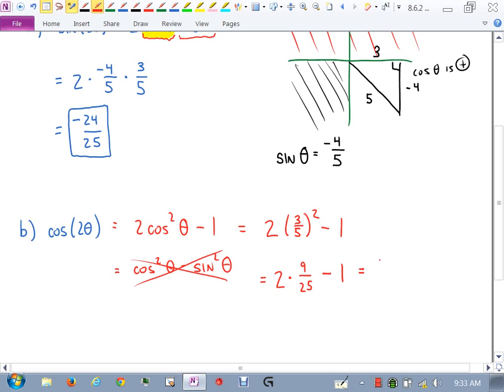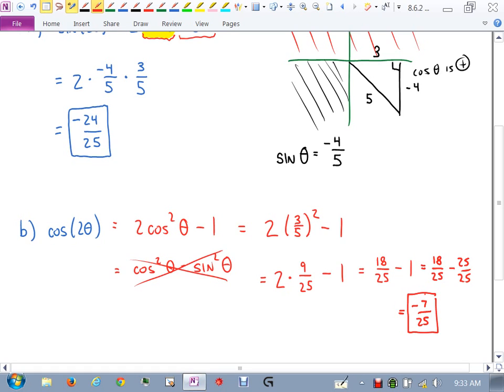So I've got 18 over 25 minus 1. I have to get a common denominator here. So 18 over 25 minus 25 over 25, which gives me negative 7 over 25. That's cosine 2 theta.